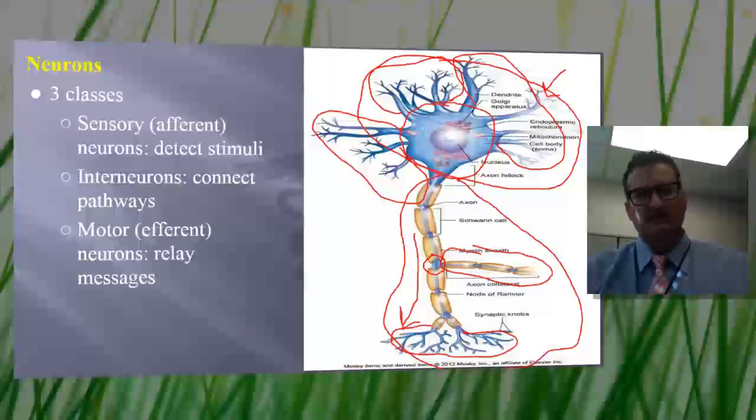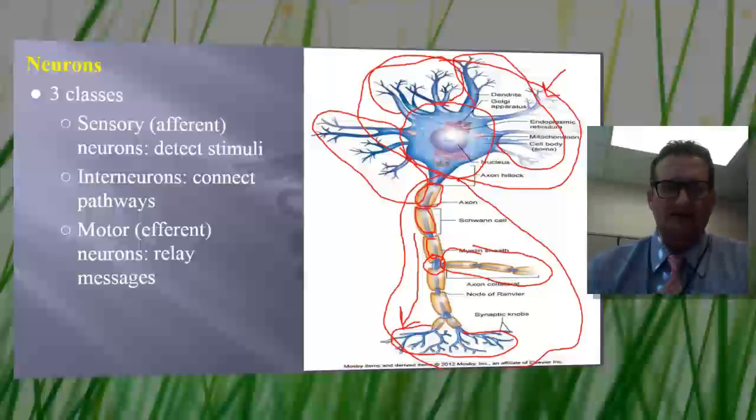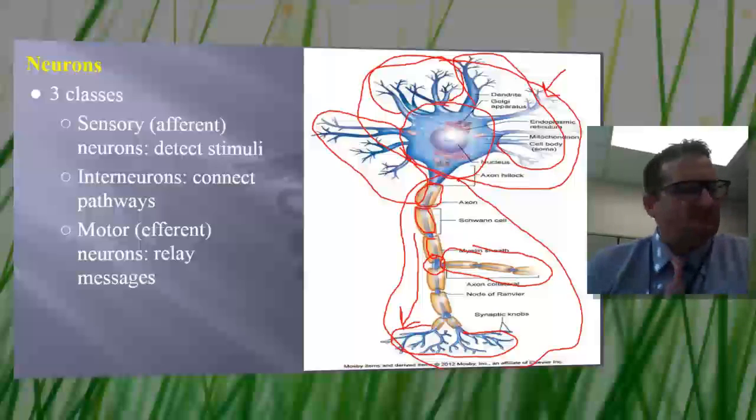The axons of many but not all neurons are encased by a myelin sheath, which are these little structures here with these gap areas in between. The myelin sheath encases and insulates the axon.